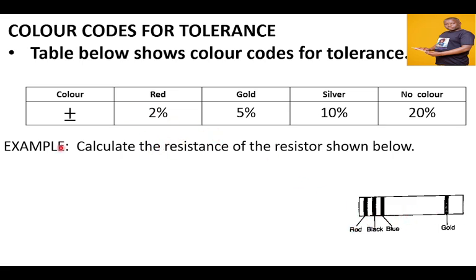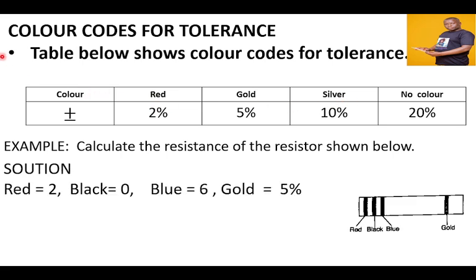So what you do is to determine the value of each color: red, black, blue, and at the far end we have gold, which is a color for tolerance. In this case, we know from the chart that we had earlier on that red stands for 2, black stands for 0, and blue stands for 6, while gold is 5% tolerance.